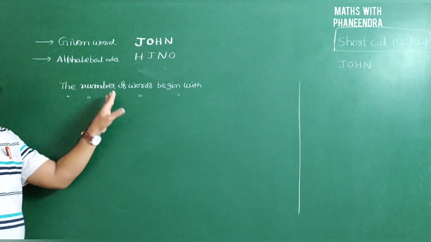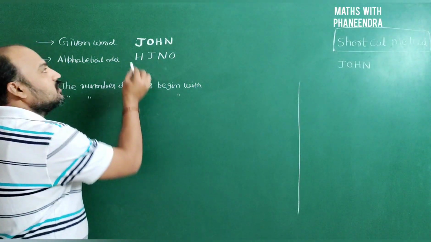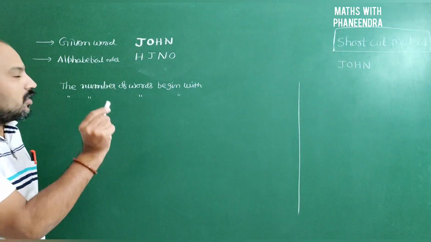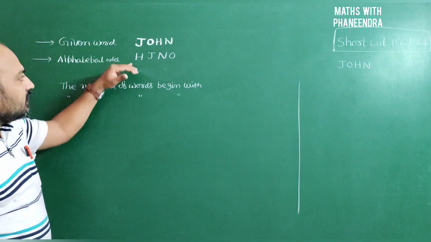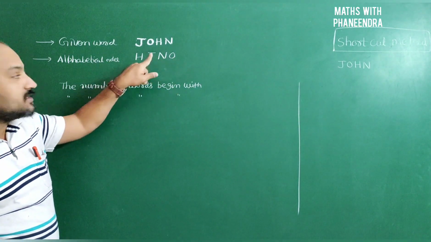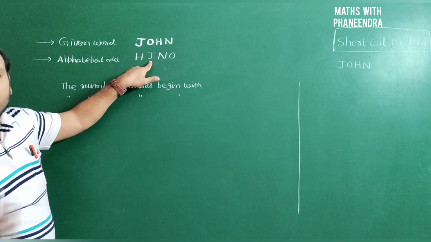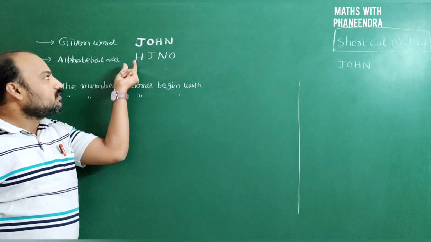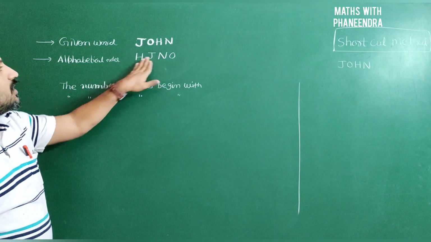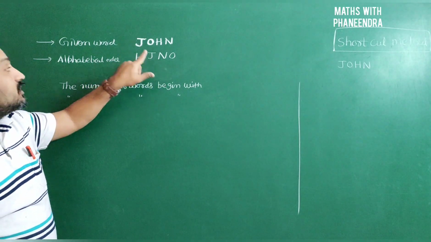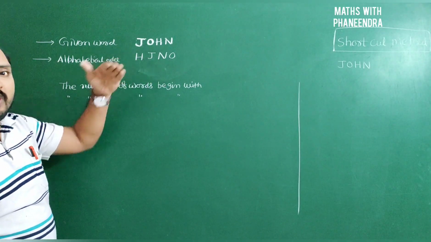So the number of words which begin with... In the given word JOHN, the first letter is J. In the alphabetical order, the second letter is J. So the number of words which begin with H, first you have to write it. After that, the number of words which begin with J, we will write it.